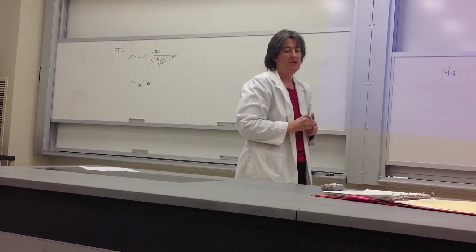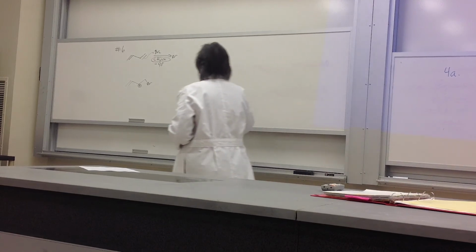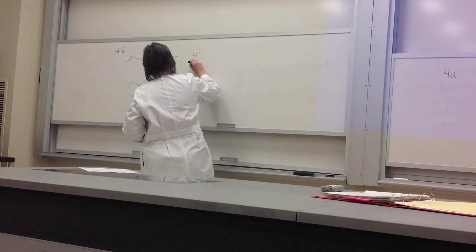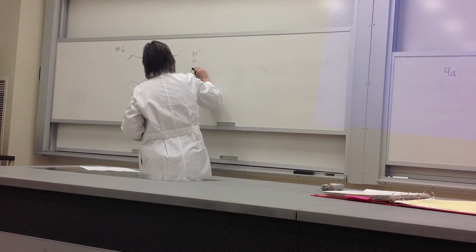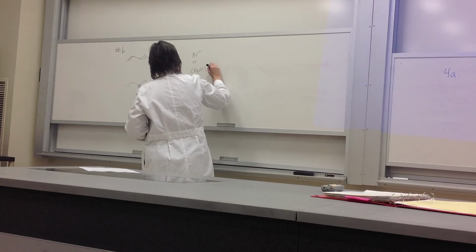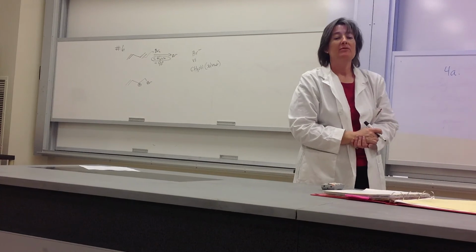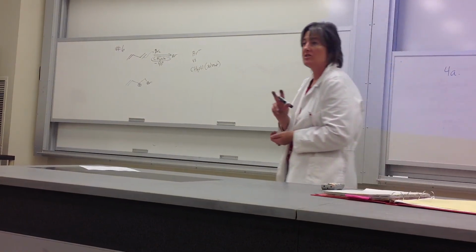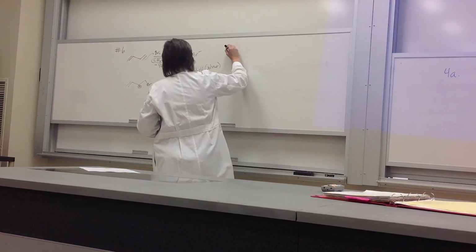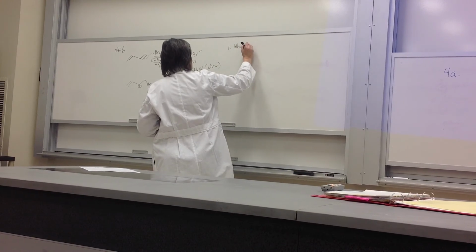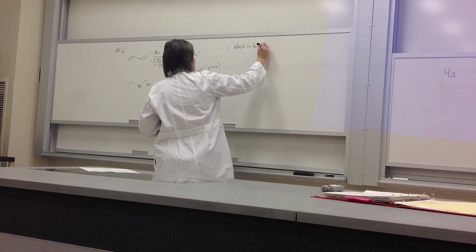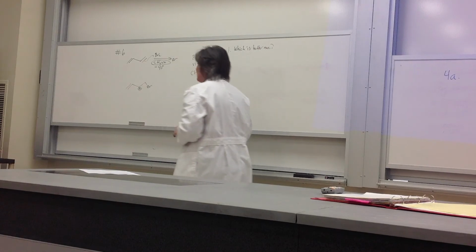As you go through, you have Br minus versus CH3OH. Methanol is the solvent. As you explain the ratios, ask yourself a few questions. And don't answer them right now. Number 1, which is the better nucleophile?